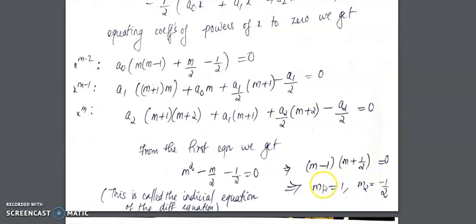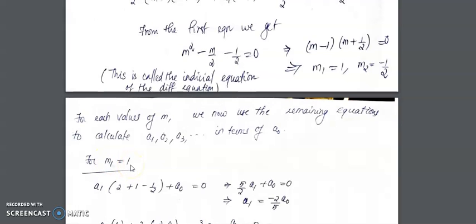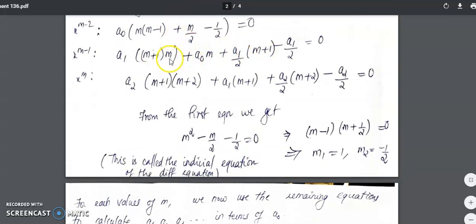Now we substitute these two m values and find the values of a1 and a2. So let us first find the value when m1 is equal to 1. Okay. So m1 equal to 1, and let us substitute in the second equation. So we can obtain a1, a2, a3 etc. in terms of a0 once you get the value of m.